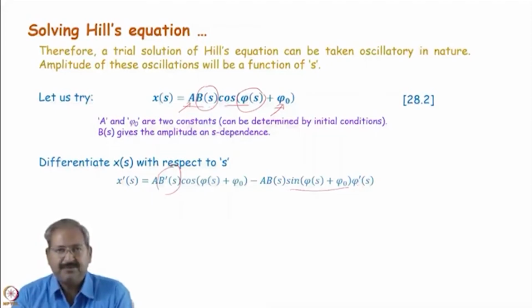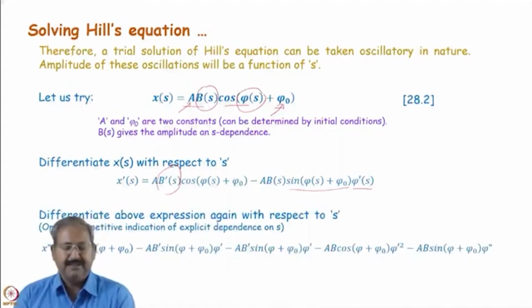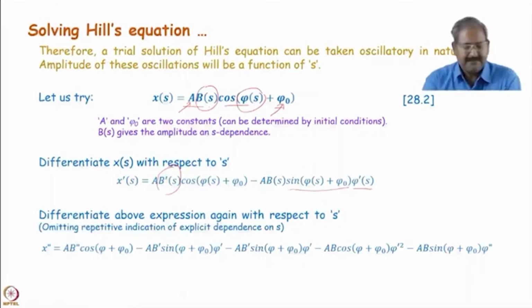We don't know what is the dependence of phi on s. We will know by putting this term into the Hill's equation. So we are just writing phi prime of s here. Again differentiating, we will get x double prime, this equation, A B prime double prime cos.